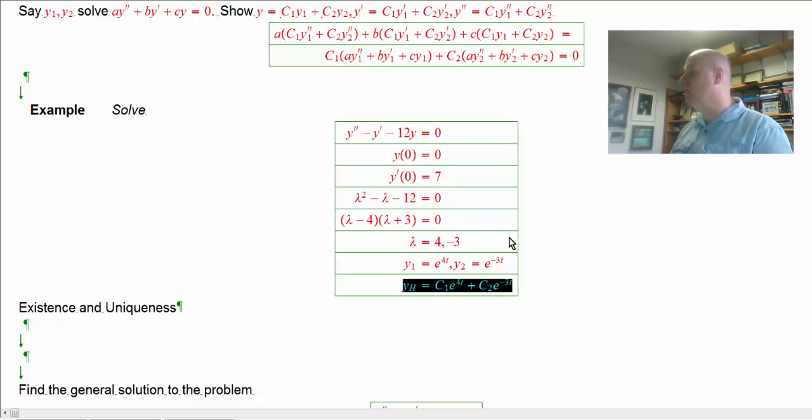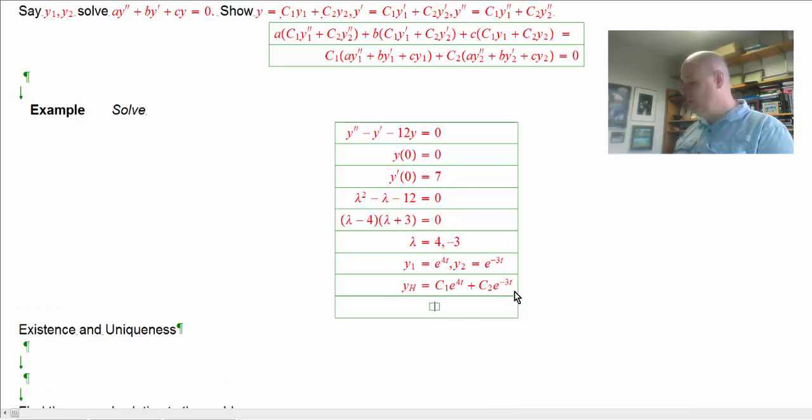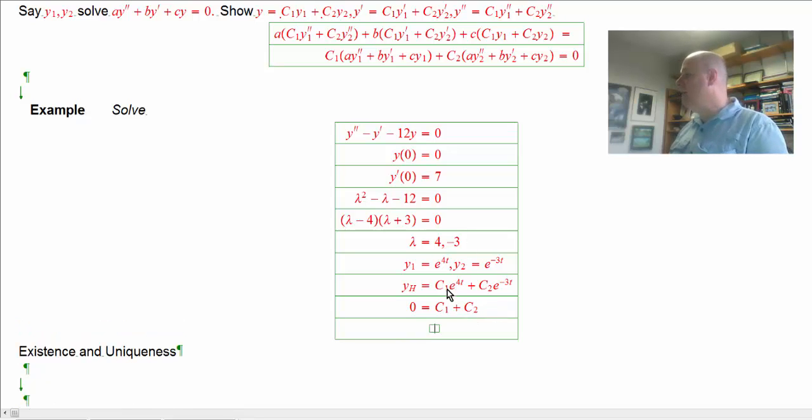If I make t equal to 0, y is equal to 0, that gives me the equation 0 equals C1 plus C2. And if I take the derivative, a 4 is going to come down.